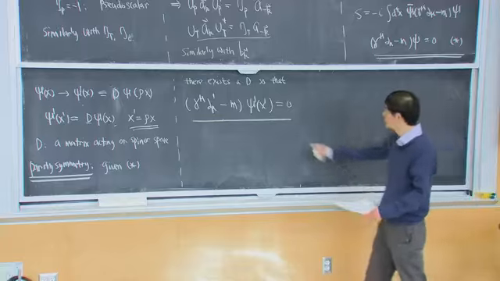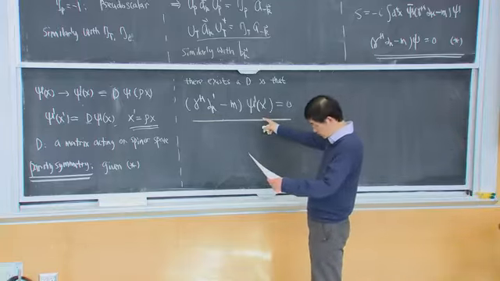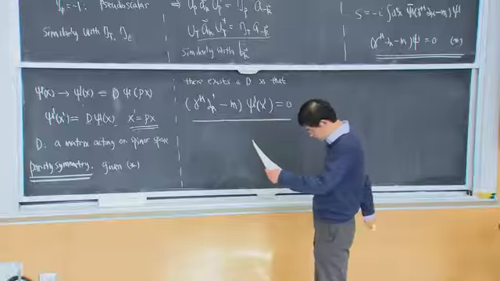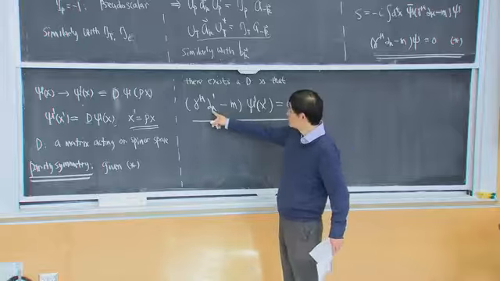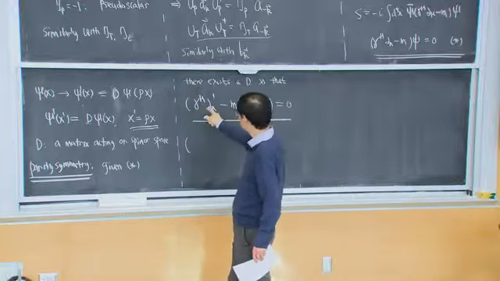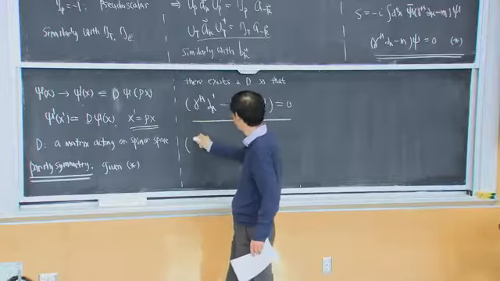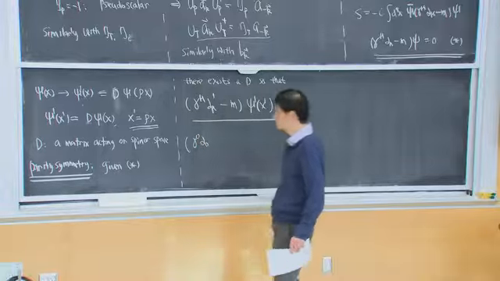So now let's just look at this equation a bit. Let's write it more explicitly. Partial 0 prime is the same as the original partial 0 because you don't flip the time direction.